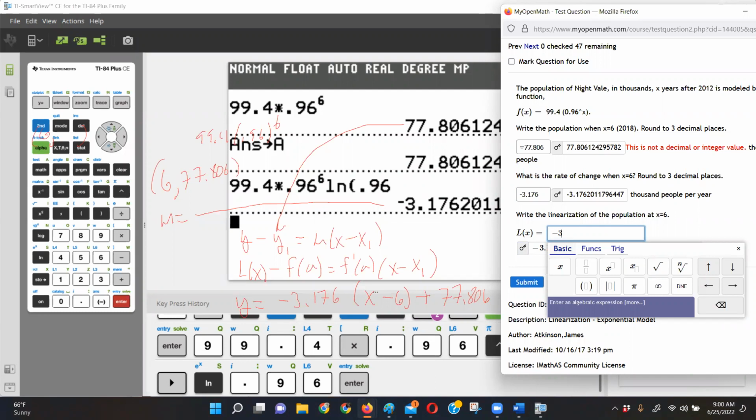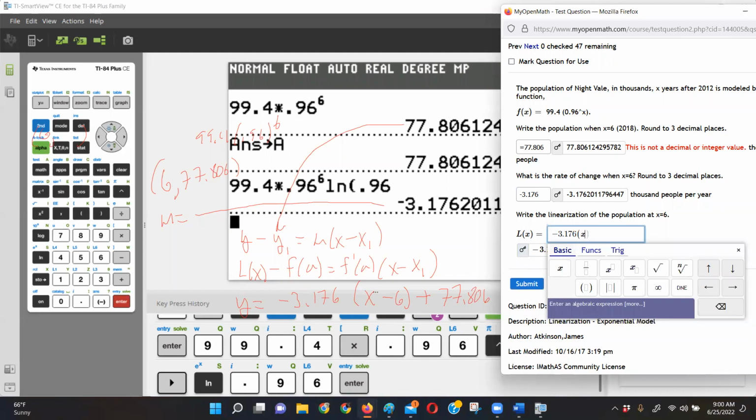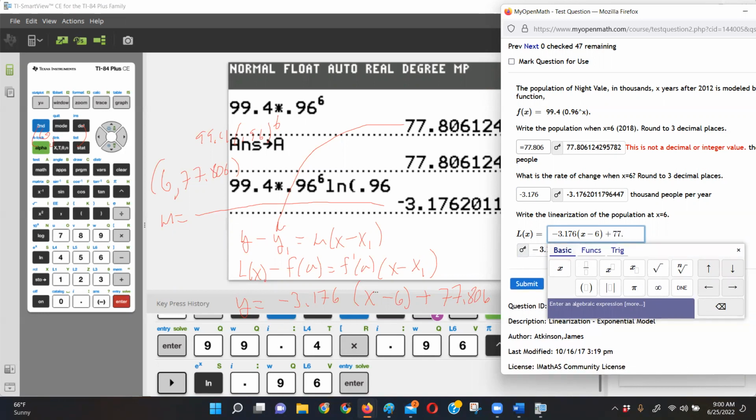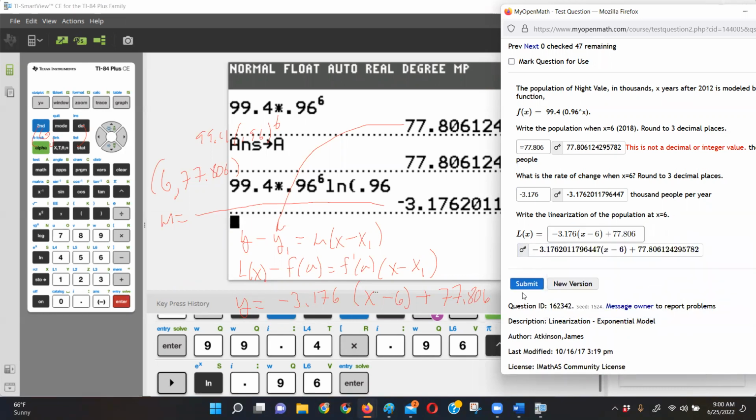So y equals negative 3.176 times x minus 6 plus the 77.806. Whoops, I did division. 77.806. Let's see if it likes what I got.